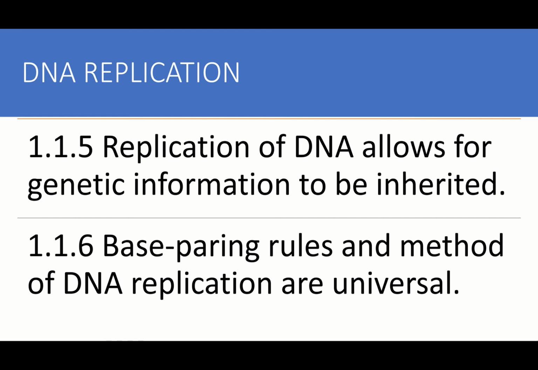Okay, DNA replication. 1.1.5. Replication of DNA allows for genetic information to be inherited. And 1.1.6. Base pairing rules. I just spelled something wrong again. That's bad. DNA replication and base pairing rules are universal.